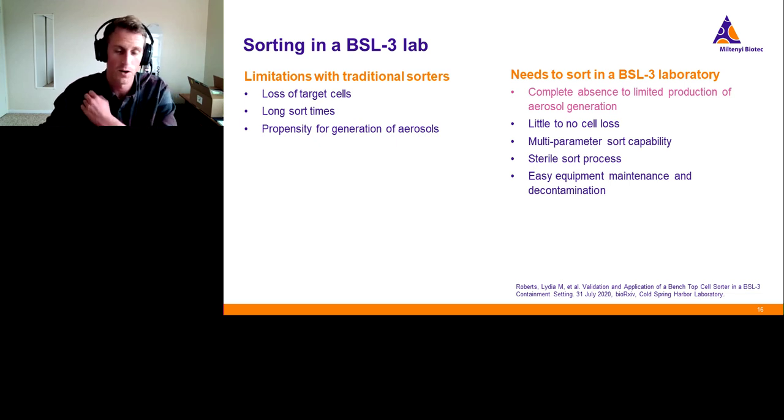This is paraphrased from the paper itself: a lot of times this material is hard to come by, so loss of cells is particularly damaging as a limitation of a traditional sorter. Aerosols are obviously a big problem. And any additional needs would be a sterile sorting process, so anything downstream you can be confident is going to grow out without contamination, and then easy maintenance and decontamination.